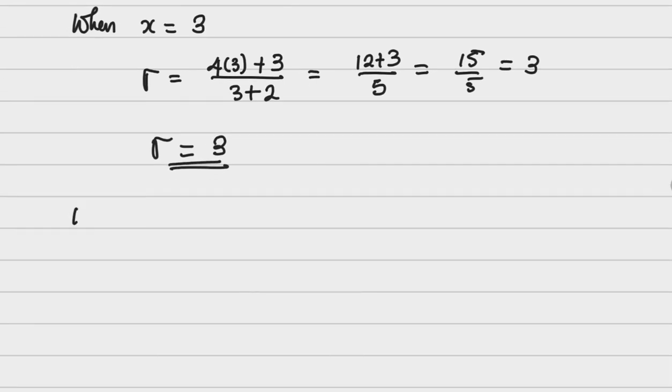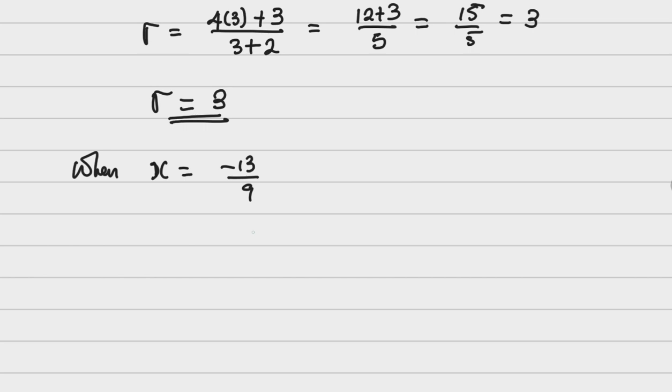Then I'll come down, when x is equal to minus 13 over 9, my common ratio is going to be 4 into minus 13 over 9, then plus 3, all over minus 13 over 9 plus 2.